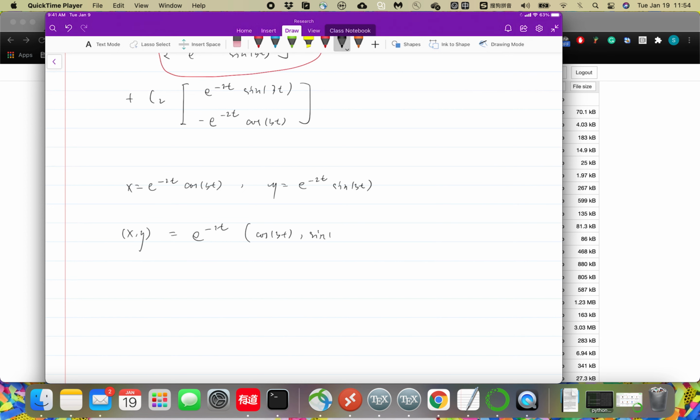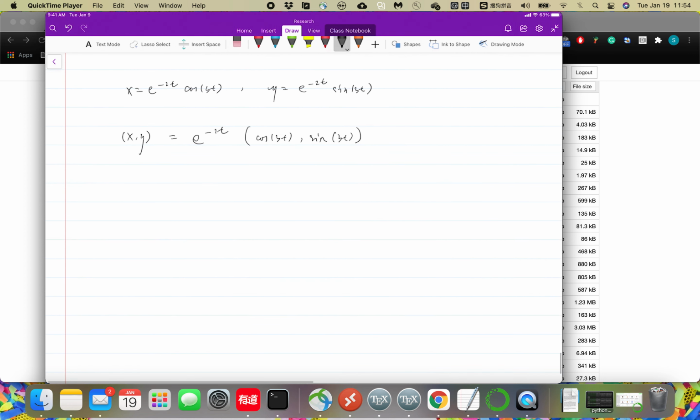Now, what does this part do? We can decompose them into two parts. They are vectors. Let's think in terms of vectors. Number one, let's pretend that the e to the negative 2t is not there. What does cosine 3t and sine 3t do? Well, basically what it does is it gives you a circle. And moreover, you move along the circle, right? That's basically what you do.